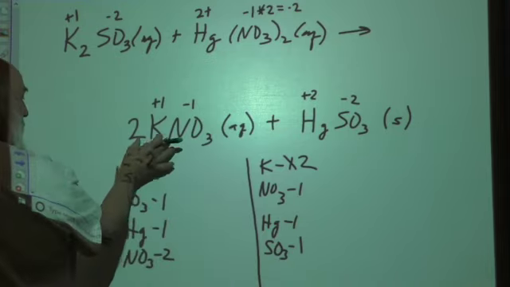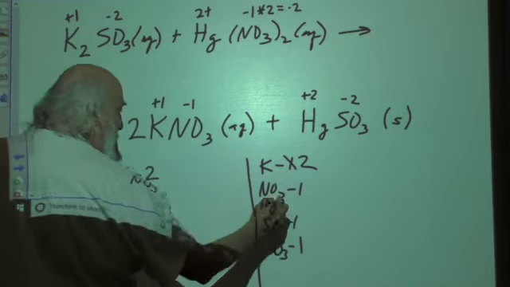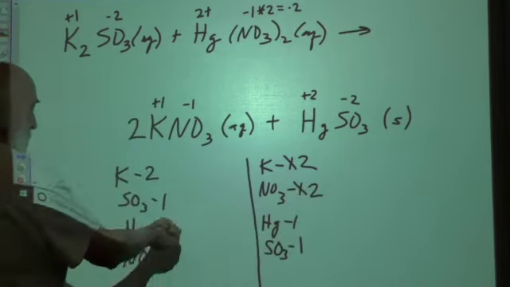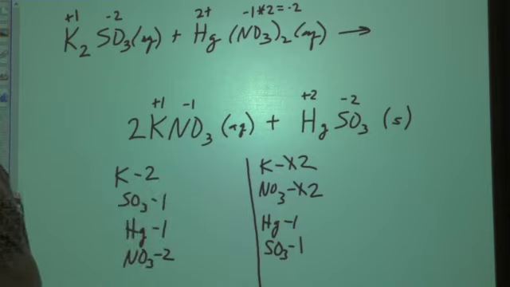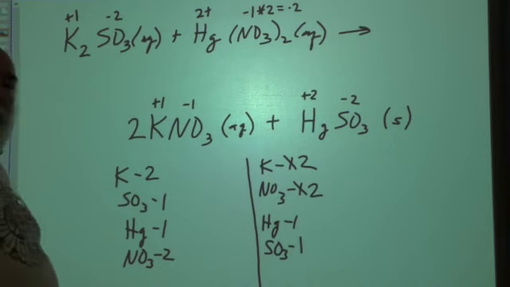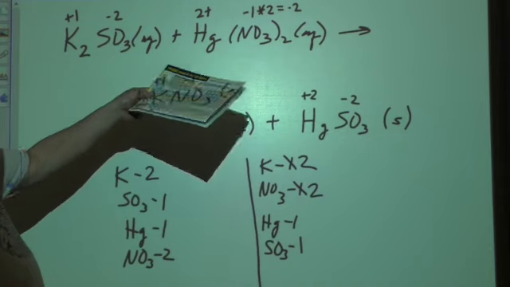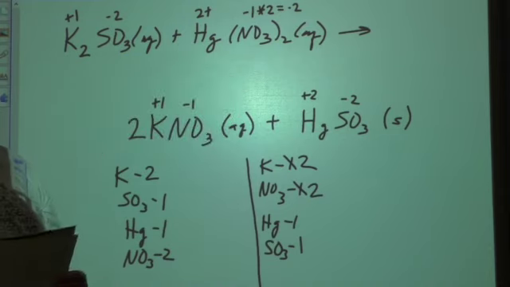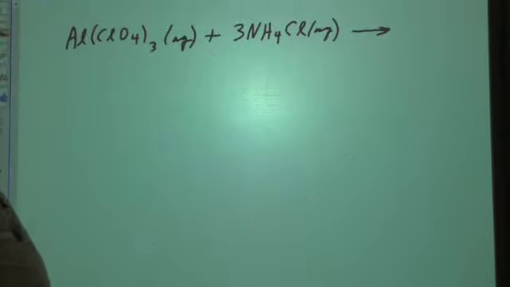But because NO3 is with that compound, that NO3 also has to be doubled, and lo and behold, we balance it just like that. And there is your complete balanced equation for the double displacement reaction of K2SO3 and Hg(NO3)2. Let's do one more, a little more involved than that.